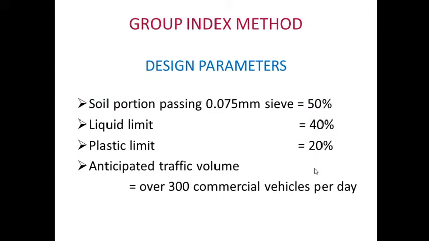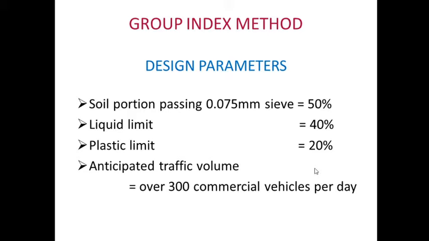In the group index method, we consider the quality of the subgrade. Normally, the subgrade is soil. The strength of the soil can be determined by conducting the liquid limit, plastic limit, and percentage of fines passing the 0.75 mm sieve.